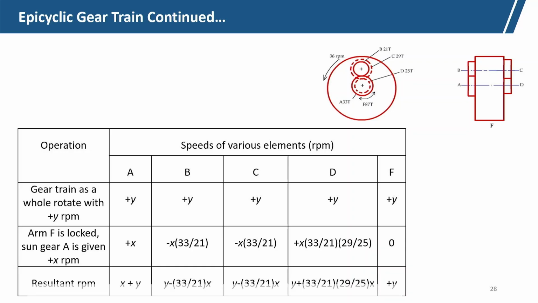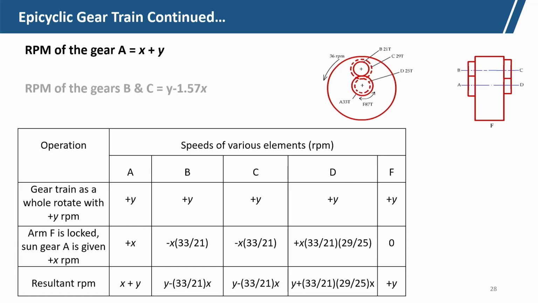Now, if we add, the resultant speed of A will be x plus y, and the speed of B will be y minus 33 by 21 multiplied by x, and the same for C. D will be y plus the earlier speed, and F will have y. If we add these, we get the resultant speeds. The RPM of gear A, the sun gear, is x plus y.